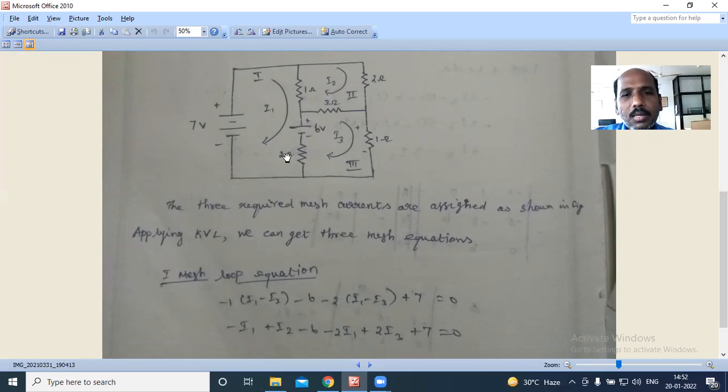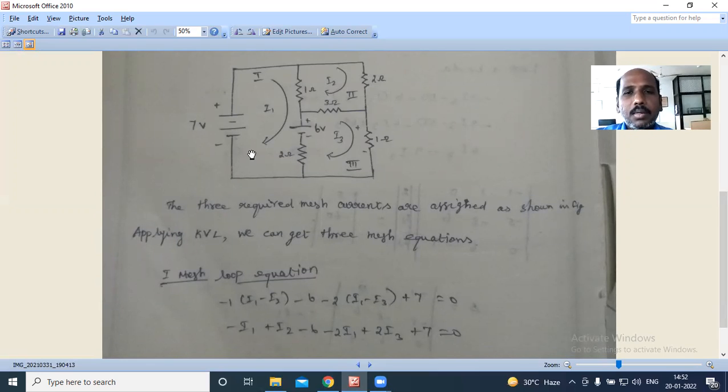One is that the sum of potential rises is equal to the sum of potential drops in the closed loop, right? We can group all the potential rises on one side, and on the other side all the drops: rises equal drops.